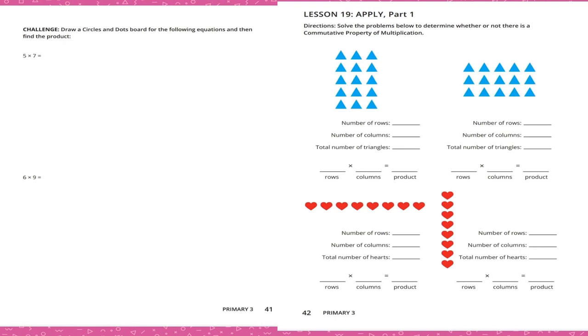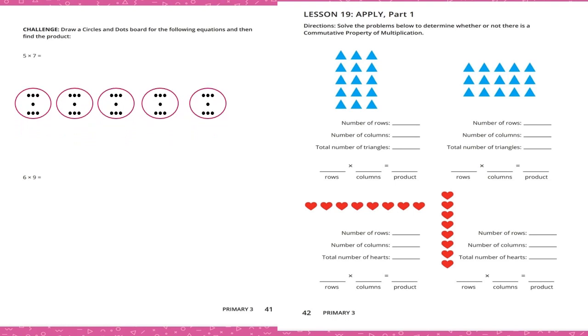Here is the challenge part. Draw a circle and dots board for the following equation. I have here 5 times 7. To draw groups here, I have 5 times 7. So I have 5 repeated 7 times, or 7 repeated 5 times.